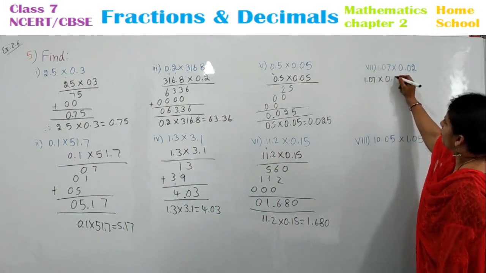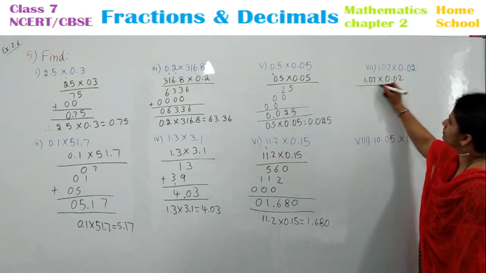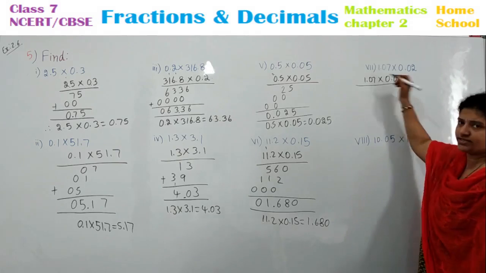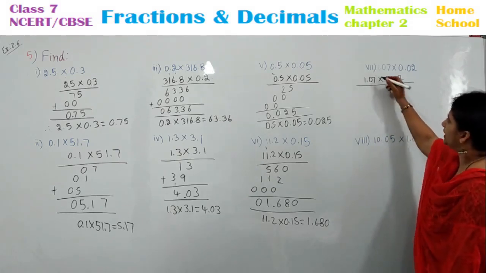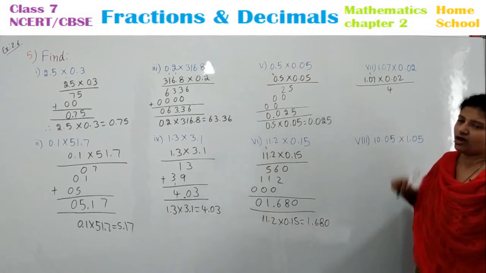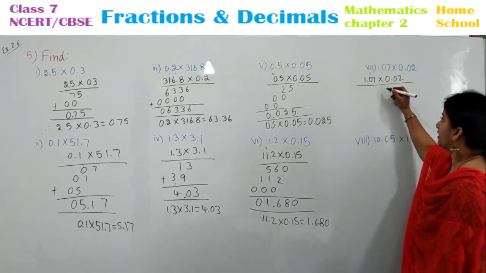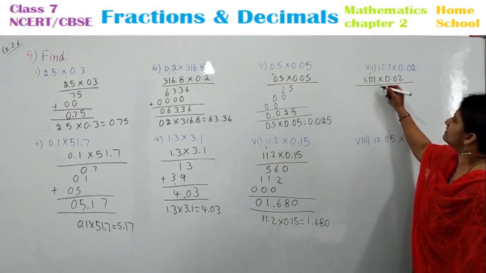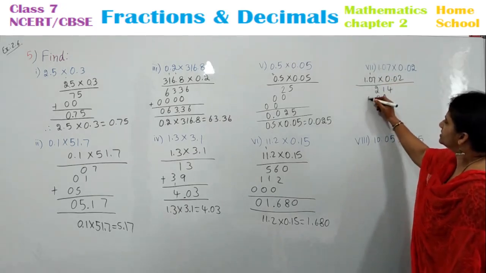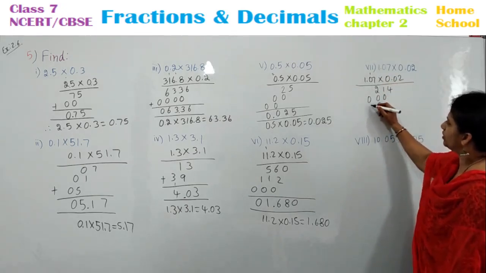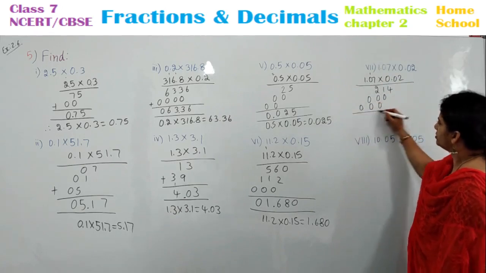1.07 into 0.02. With 2 you start multiplying. 2 sevens are 14. 2 zeros are 0. 0 plus 1, 1. 2 ones are 2. 0 multiply 3 zeros and again one more 0. Write 3 zeros.